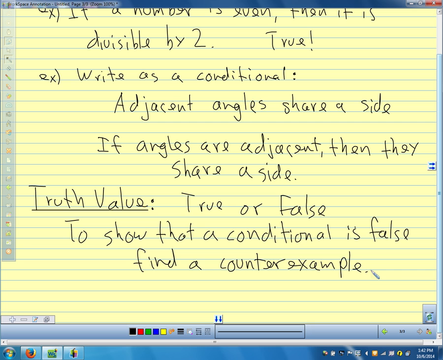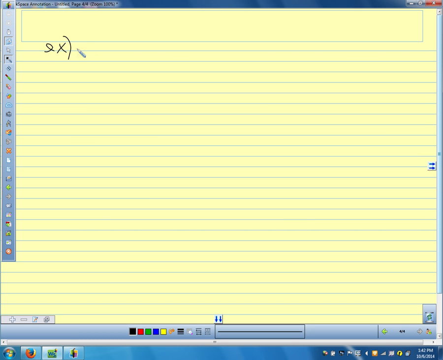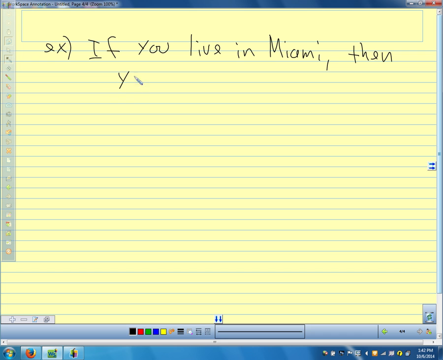So let's practice here for a second, finding counterexamples or deciding the truth value of a couple of conditional statements. Our conditional statement can be either true or false. To show this false, we find a counterexample. So for example, if you live in Miami, then you live in Florida.